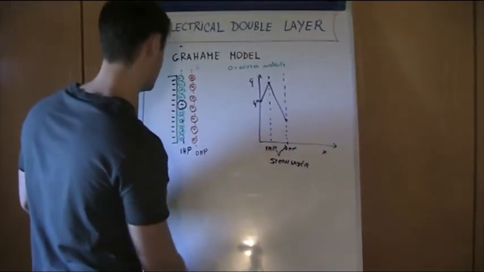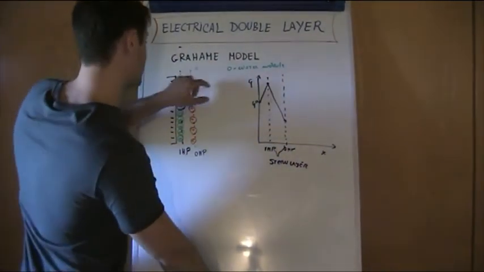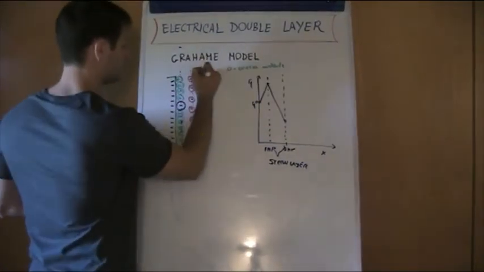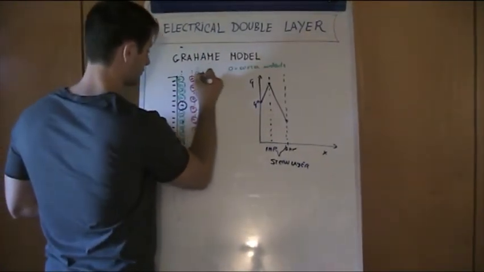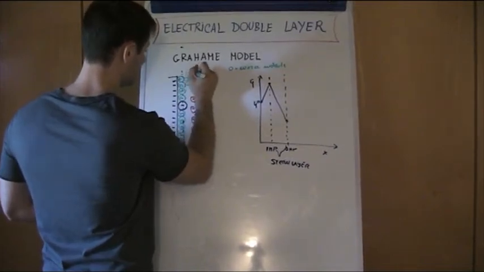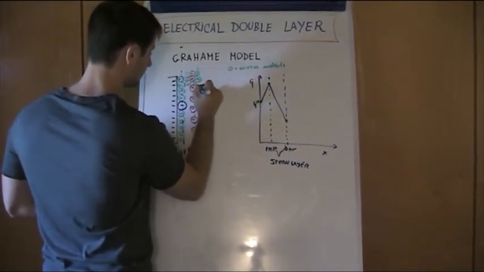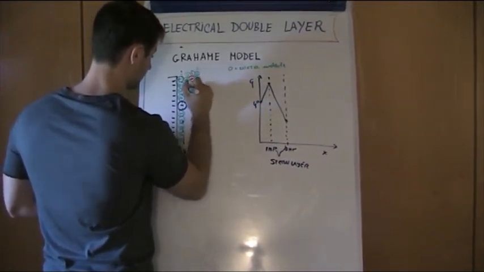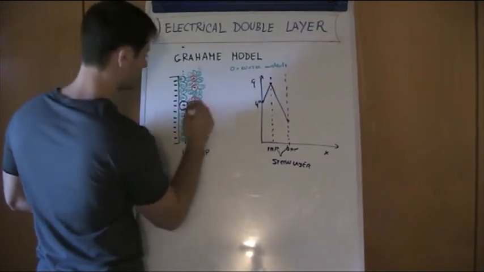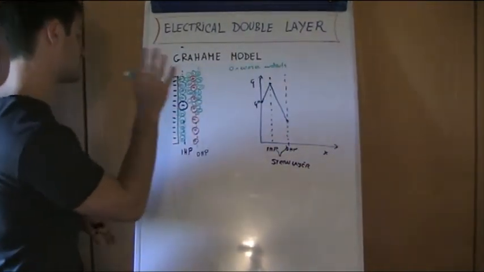Obviously, it's important to say that since we are considering even the molecular nature of this solvent, we have solvation molecules. Here, here, here, and so on. Also for this one, for this one, for this one, and so on.